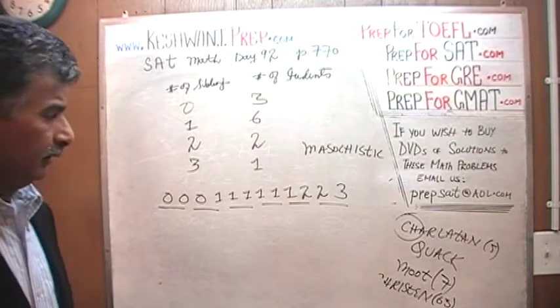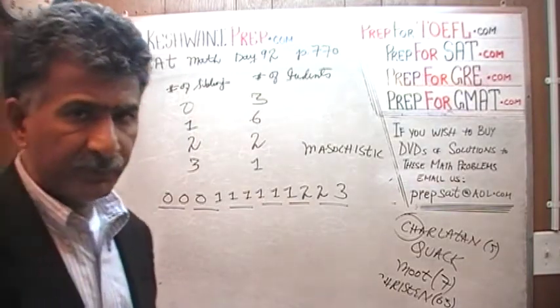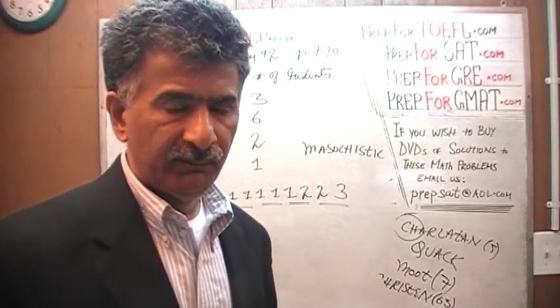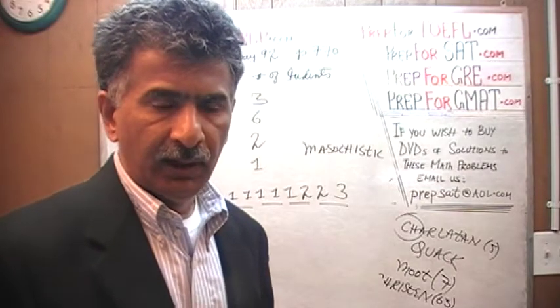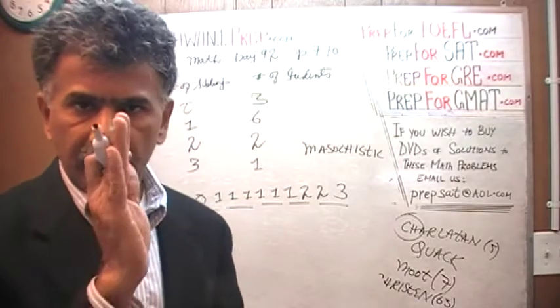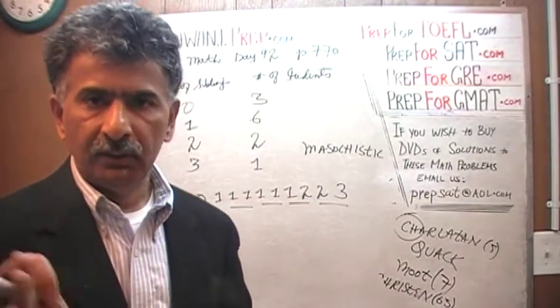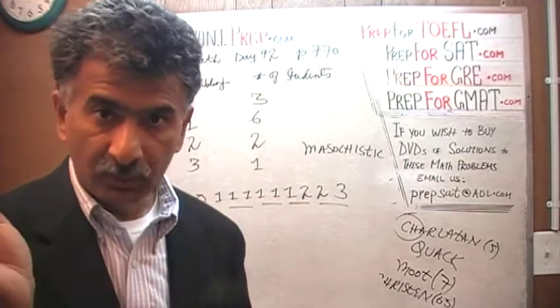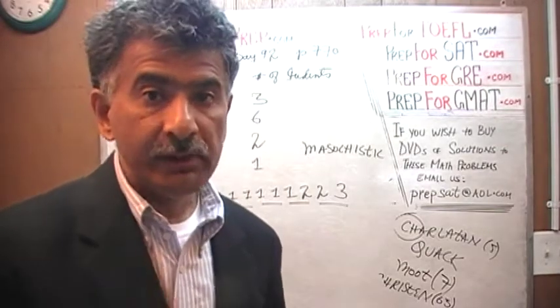What's going to be the median? Because there are an even number of numbers, typically when we want to find the median, half of them fall to the left of it, half fall to the right of it, and the number in the middle is the median, once they are arranged in either ascending or descending order. Here we have an even number of numbers.